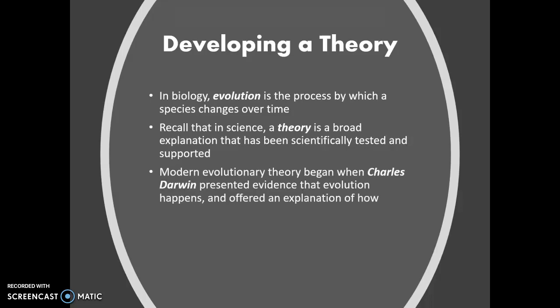The modern evolution theory came about when Darwin presented evidence about how evolution happened, and then he also offered an explanation of the mechanism behind how, or the process by which, evolution happened, okay? So those are two things to maintain a theory. You need to come up with the mechanism of how it happened, and then you have to show evidence of why your theory is the correct one.